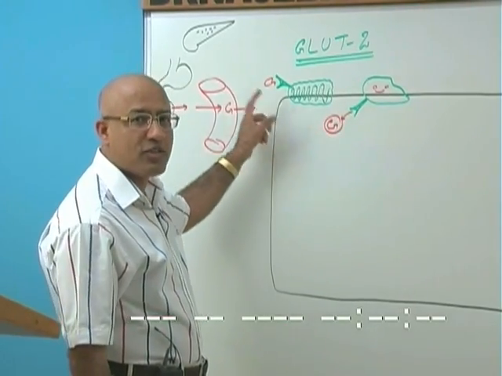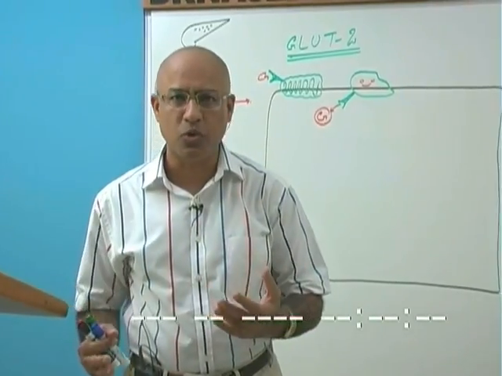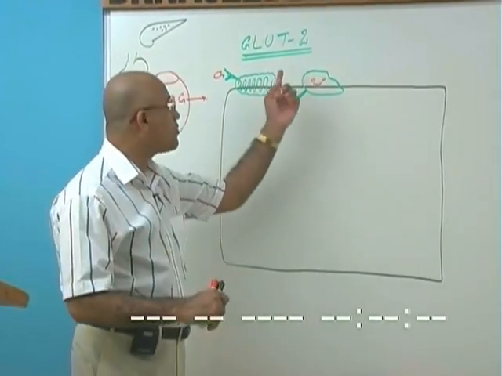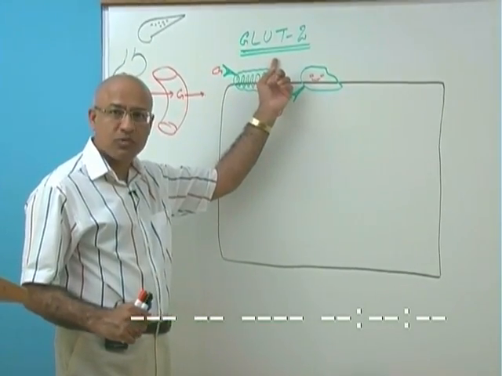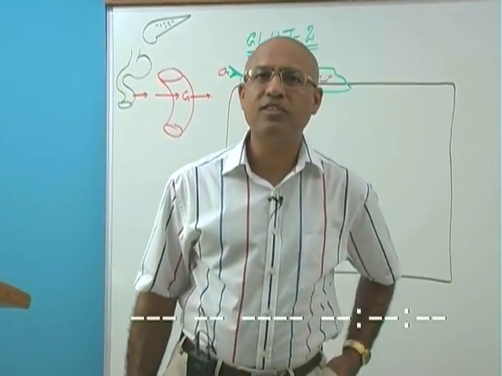That is why this movement of glucose is called facilitated diffusion of glucose, with the help of the GLUT-2 transporter. Now remember, GLUT-2 transporters are also present in some other tissues.